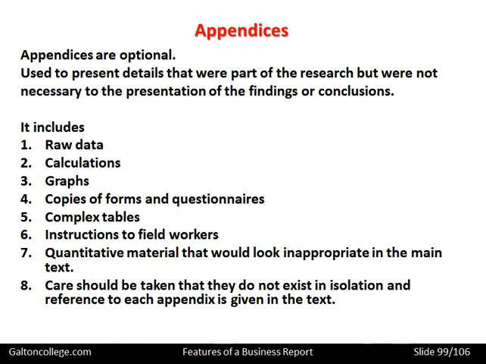Don't put information into the appendix unless it's been used. It must be referenced in the main text. If there's material in the appendix that's not referenced in the main text, that's just wasting space and wasting time and effort. So ensure that the information in the appendices is referenced in the main text.